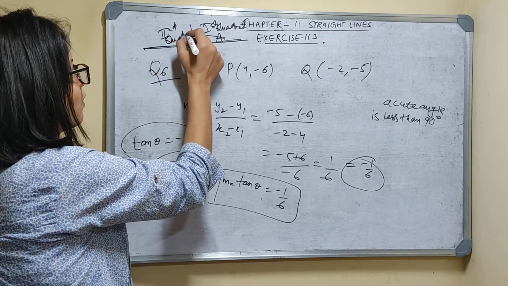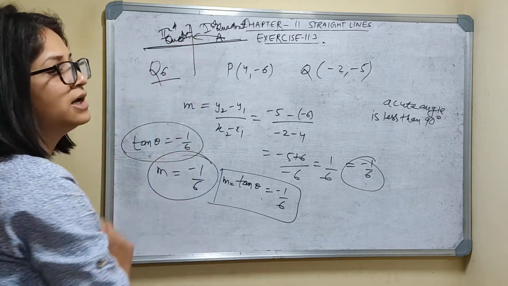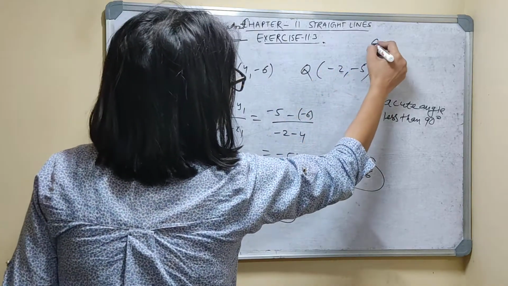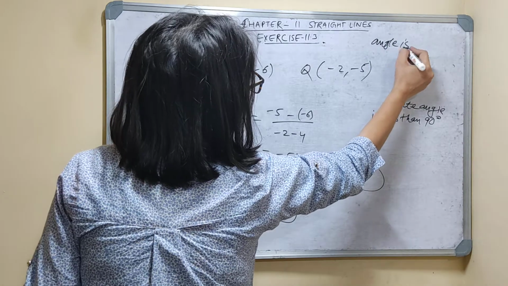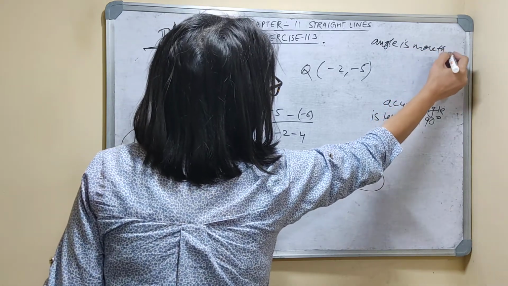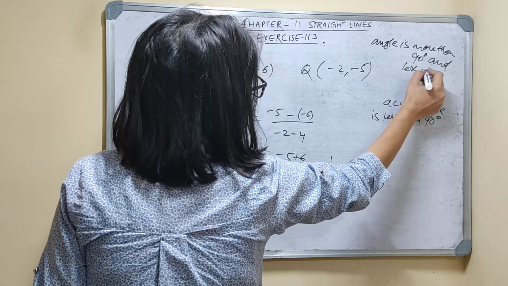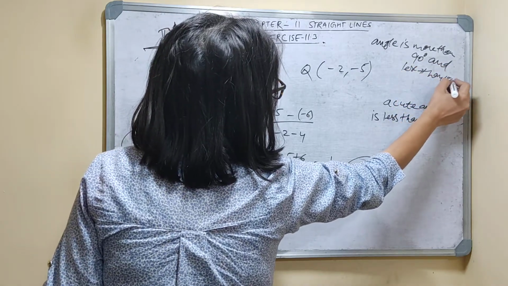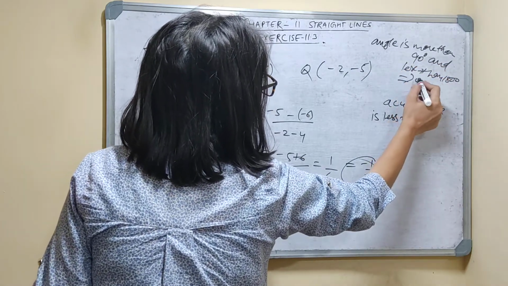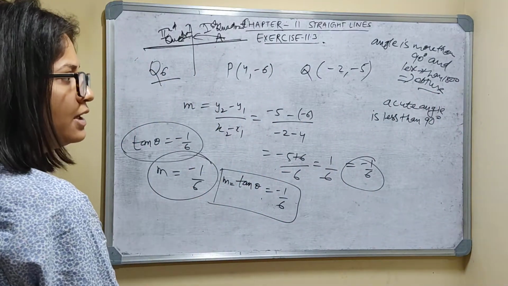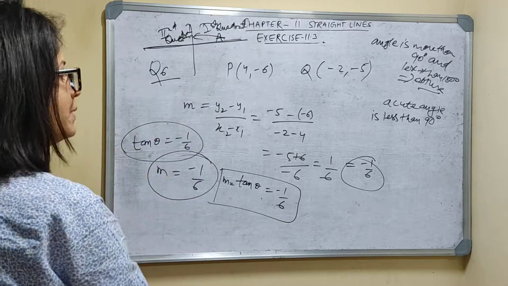If it is in second quadrant, it is more than 90 and less than 180. So it is an obtuse angle, not an acute angle. That's why it is not an acute angle, it is an obtuse angle.